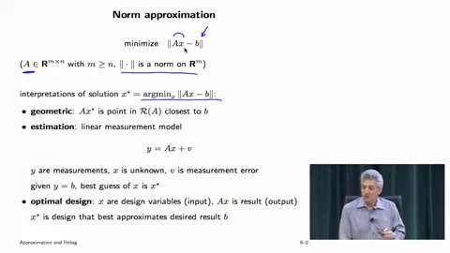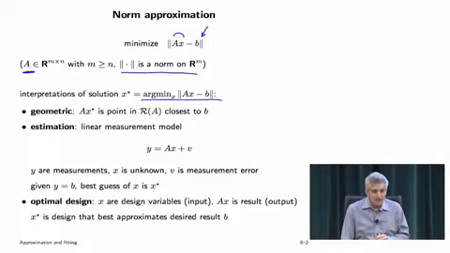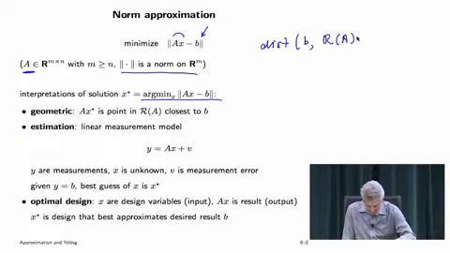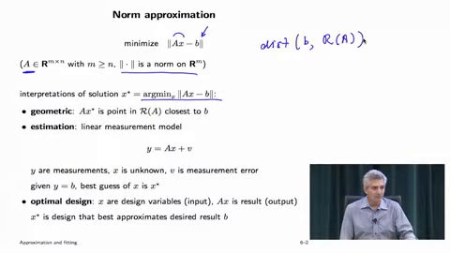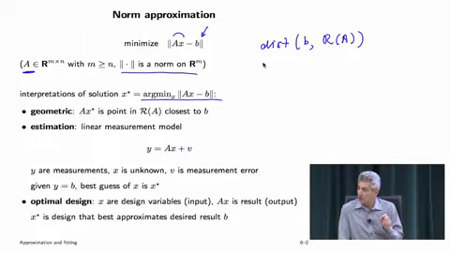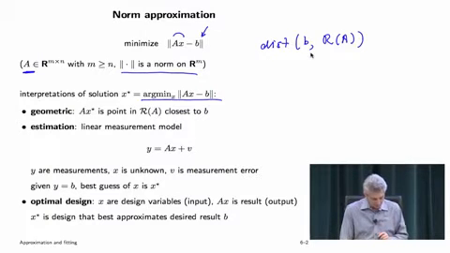So the optimal value of this problem is literally the distance of b to the range of A. Solving this problem is the same as finding the distance, under the norm, of b to the range of A. So that's what you're doing.